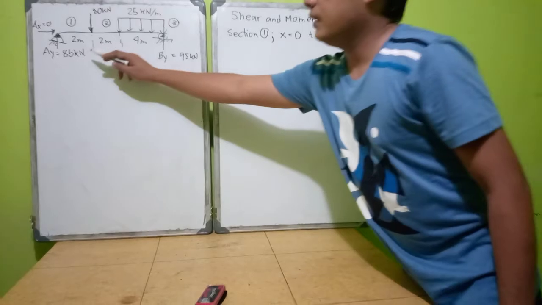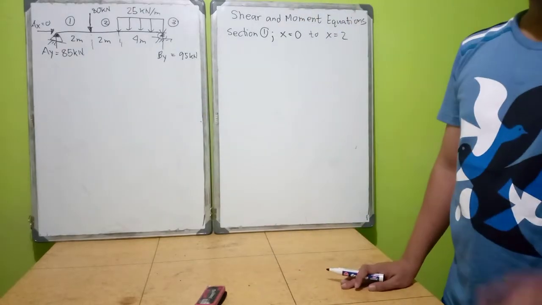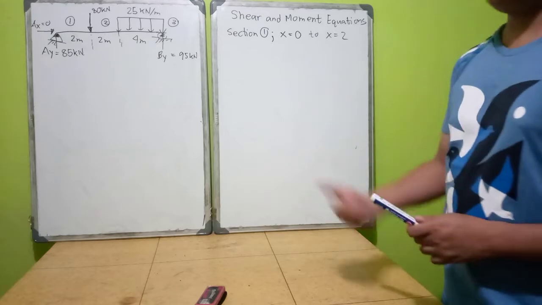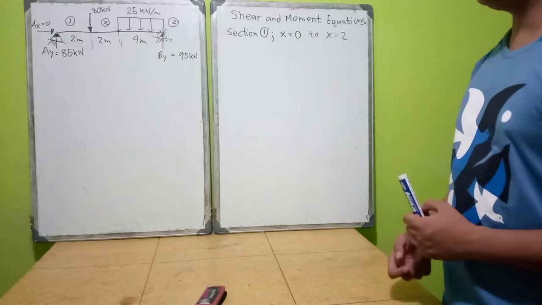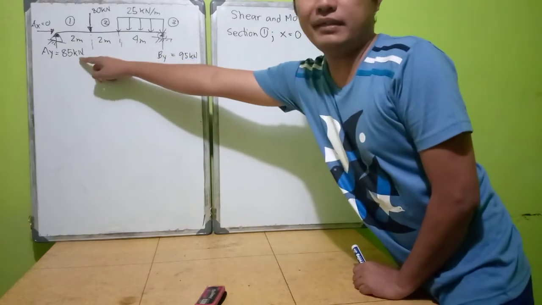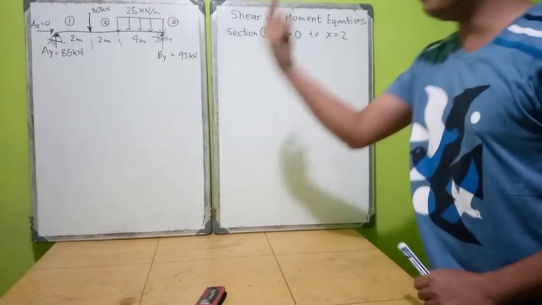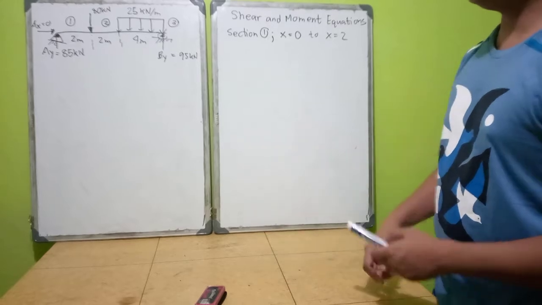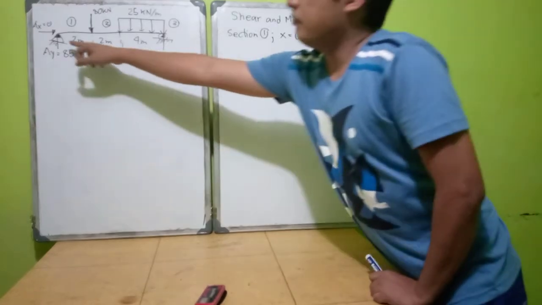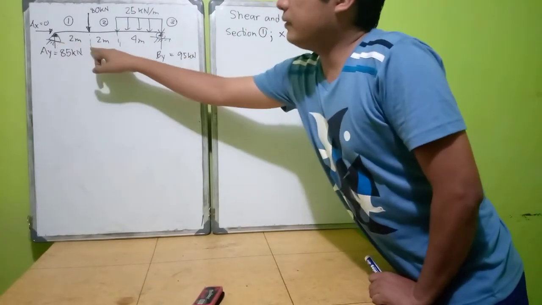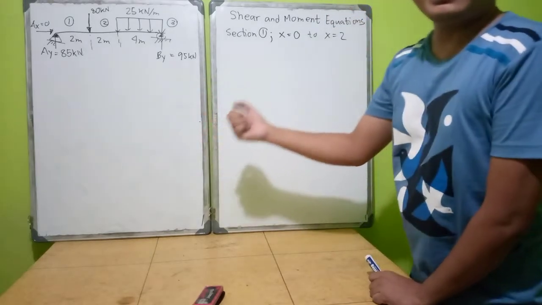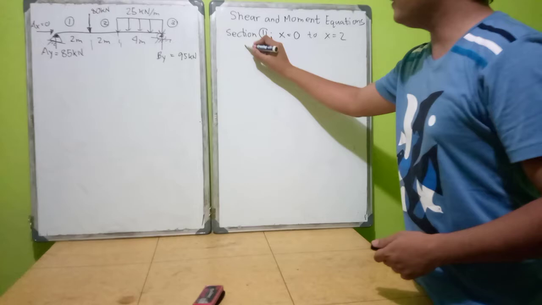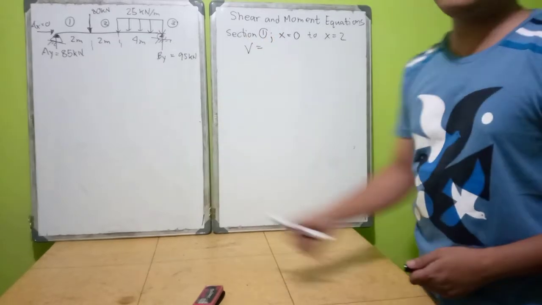Looking upon the graph, in our first video I discussed the concepts of this. We have an 85 kilonewton upward force from the support. From x equals 0 to x equals 2, the only force acting is this 85 kilonewton force. Therefore, your shear is equivalent to that force.